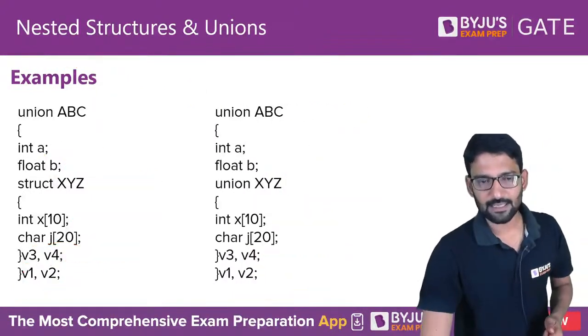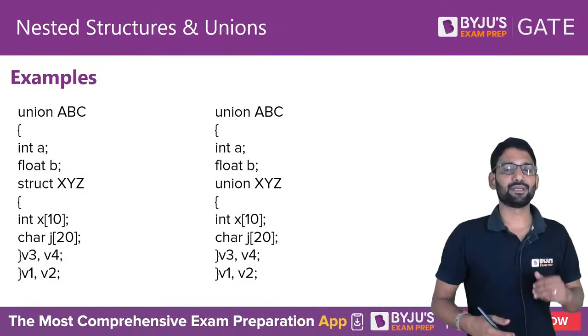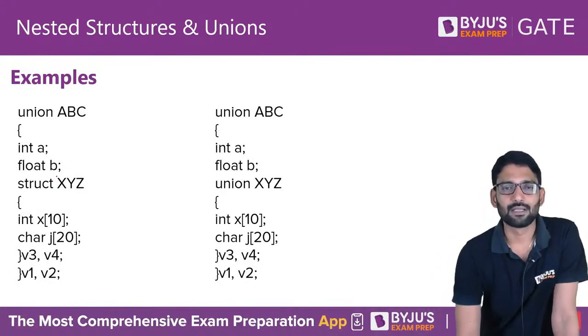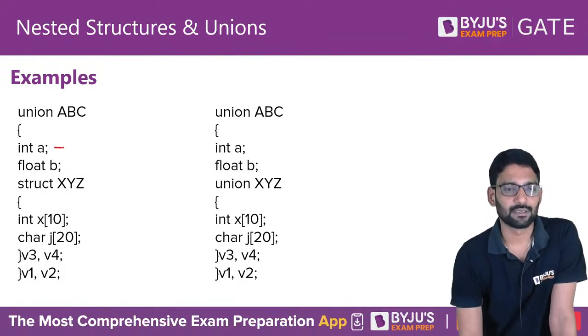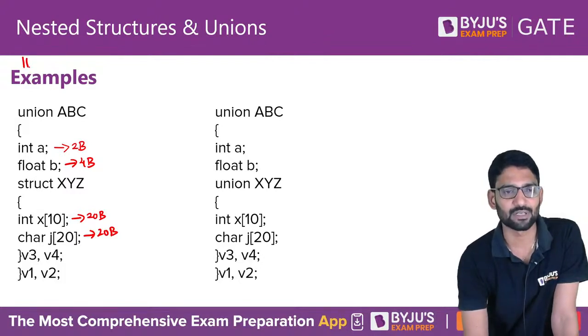Now let us have other two combinations. Structure inside the union, union inside the union. So the left one I have defined structure inside the union. So this would be 2 bytes, float 4 bytes, and here 20 bytes, here 20 bytes. I am taking 16-bit processor, again don't forget that. So one integer takes 2 bytes.